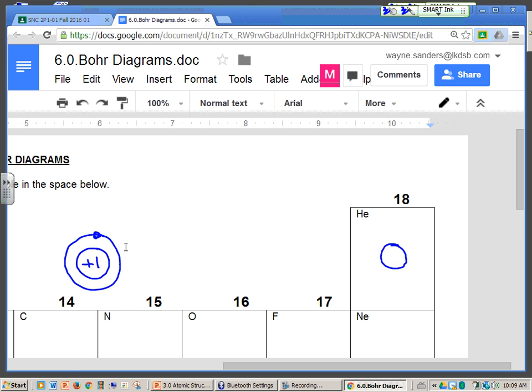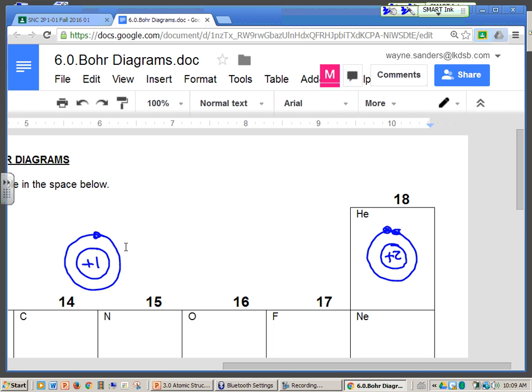What am I putting in the middle of that one? +2. I'm still dealing with the first orbit. How many dots? And how do I want them? I want them together. I want them paired up. That's the new way I want them. 2.